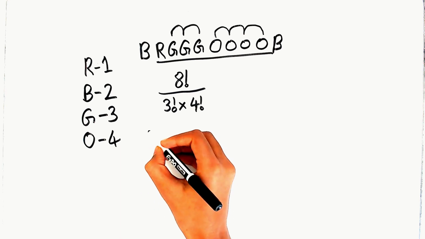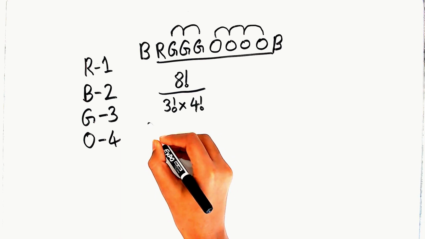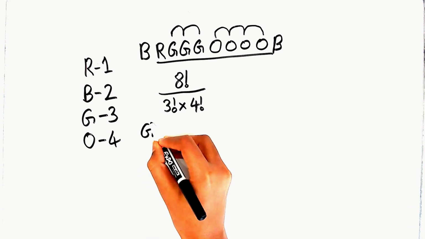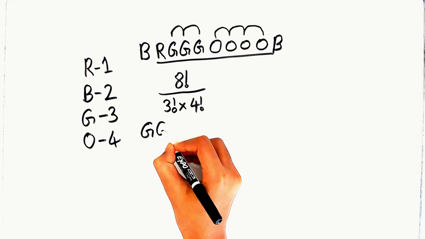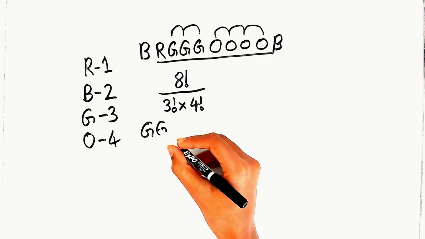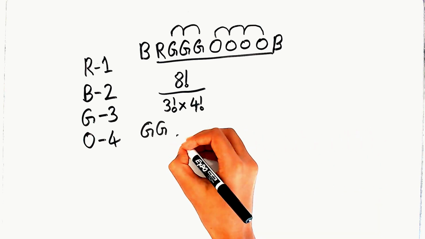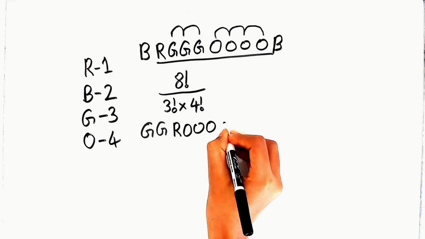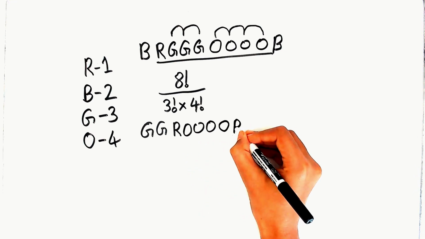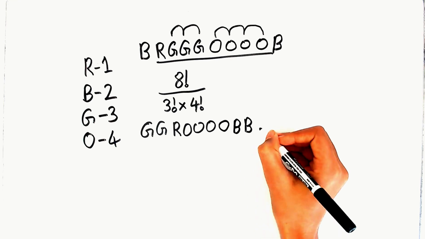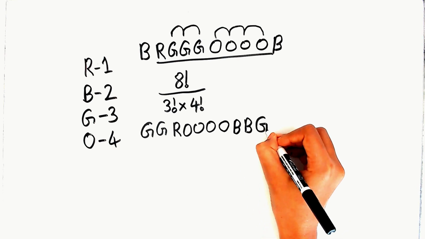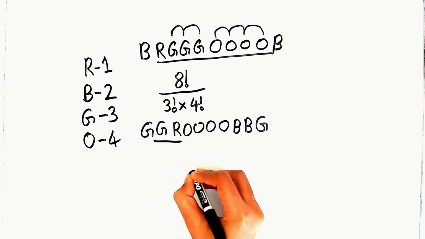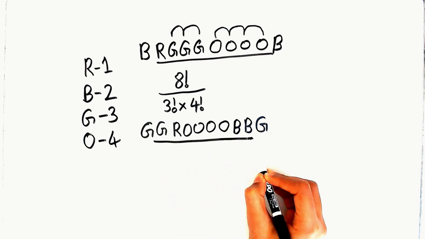Okay, so now let's move on to the green. So here, let's write it. So it'd be 1 green, and let's just write another green again over here. Then we can just write the other green at the very end. So it'd be R, O, O, O, O, B, B, and then at the very end, a G. So here, let's just use these 8 letters.